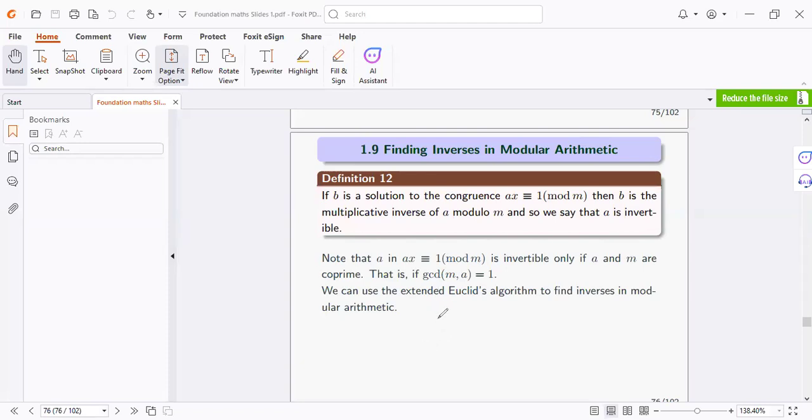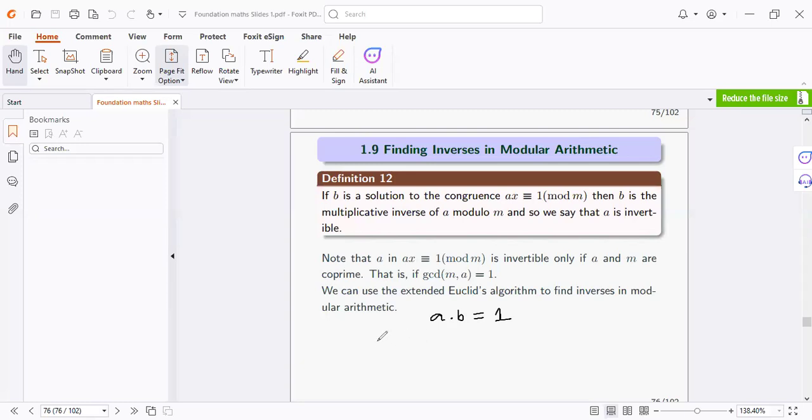Now you need to know what an inverse is from the very beginning. For instance, if I talk of the inverse of A to be B, then I mean that the product of these two will give us 1. That means that B is the inverse of A, or A is the inverse of B. If you understand that from the very beginning, then it becomes very easy for us.